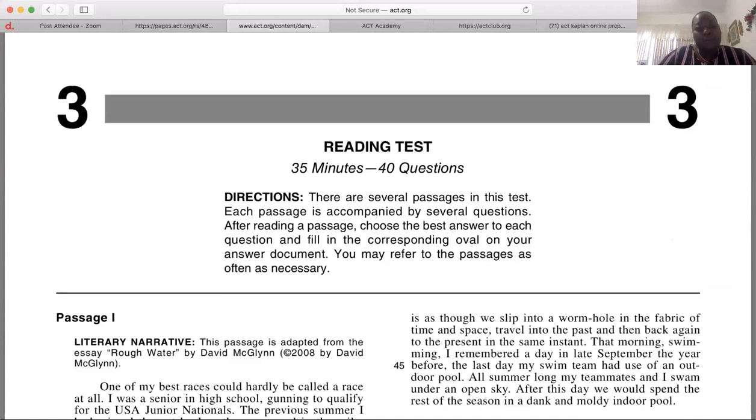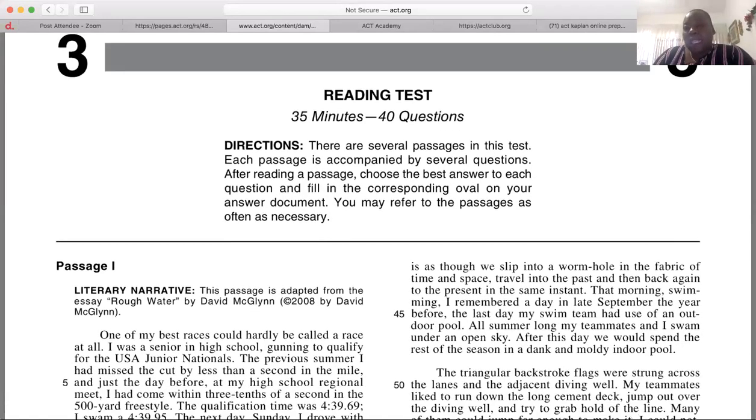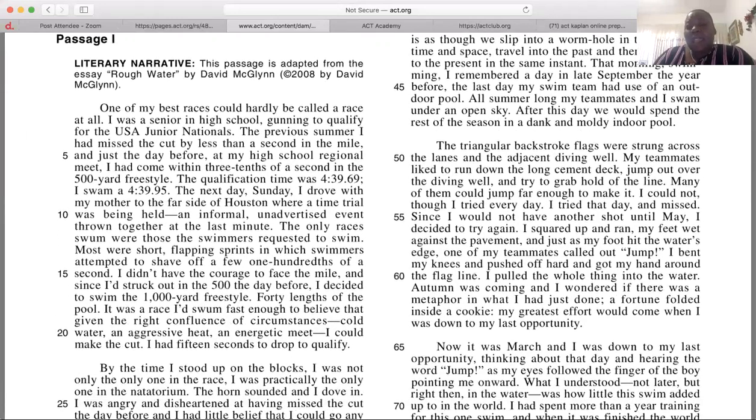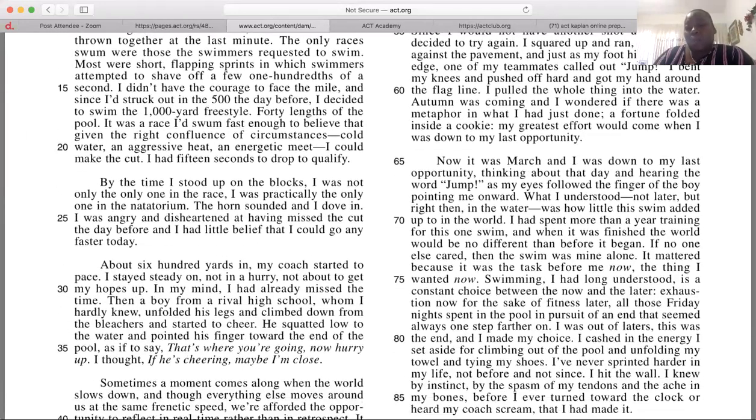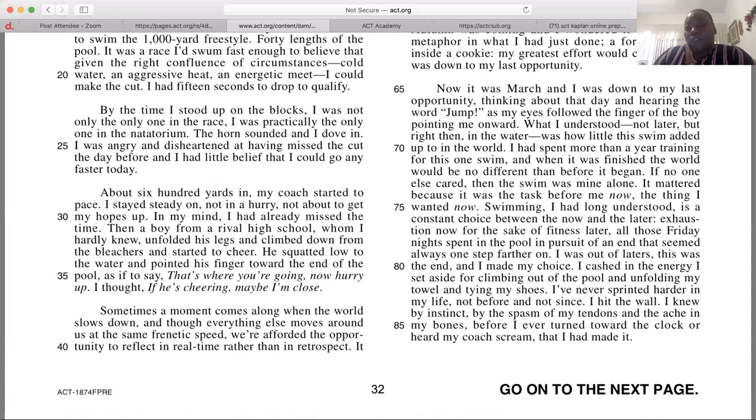All right, so moving right along to section 3. Section 3 is the reading section. You have 4 passages that are about 85 to 87 lines, and then you'll have 10 questions per passage. So you'll have a total of 40 questions.